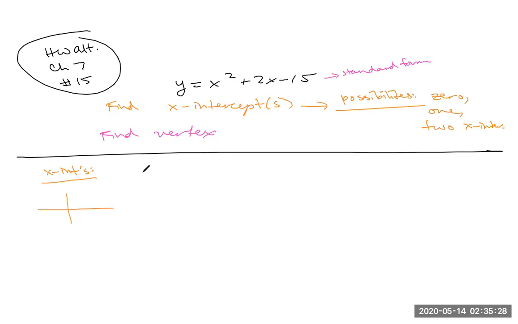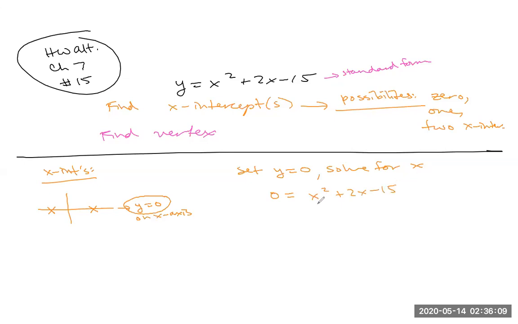If you have x-intercepts, that tells you where you intersect the x-axis. And remember, anywhere on the x-axis, that means that y is equal to 0. Okay, hint, hint, y is equal to 0. So we're going to set y equal to 0 and solve for x. So y is equal to 0. You still have x squared plus 2x minus 15.